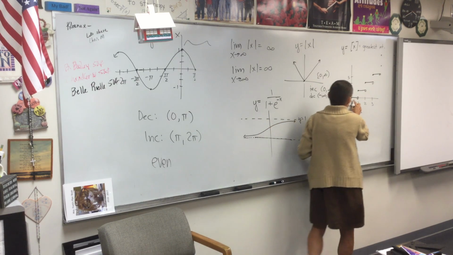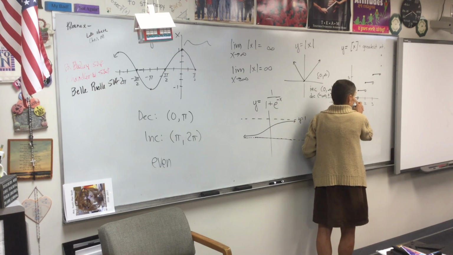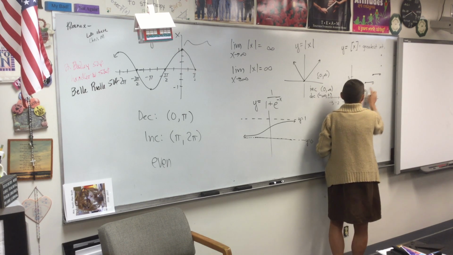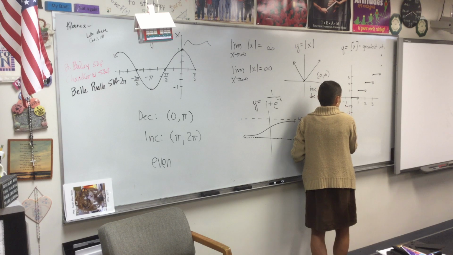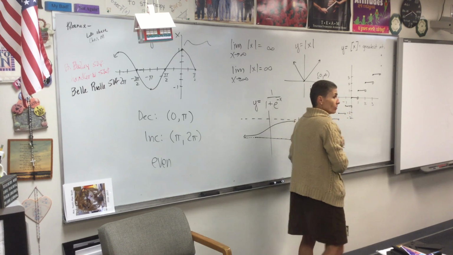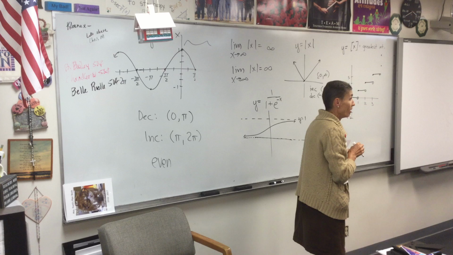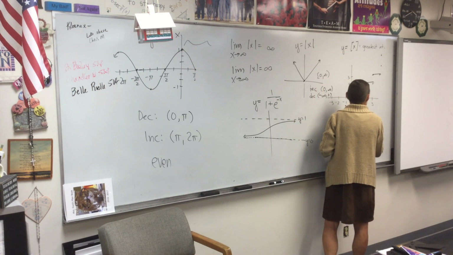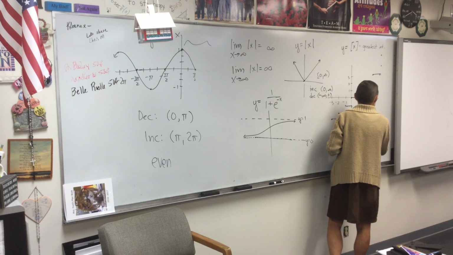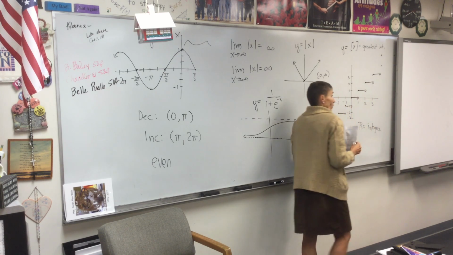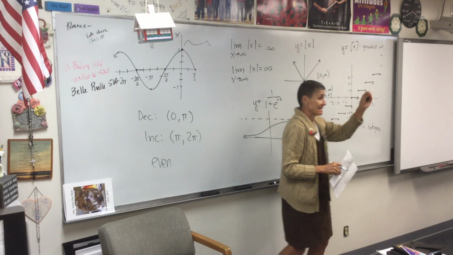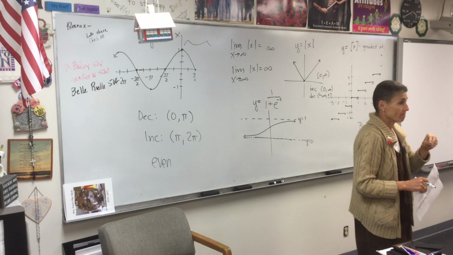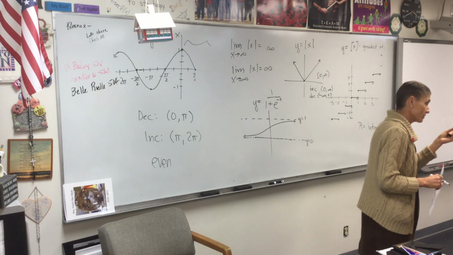What is the y value here? 0. What is the y value here? What is that? That's not all the y's, that's just the y's that are integers. So your range is the set of integers. Your inputs are anything. Your outputs have to be integers. That's why it's called the integer function.